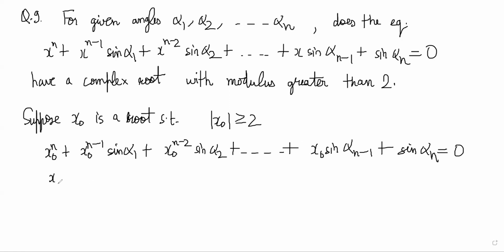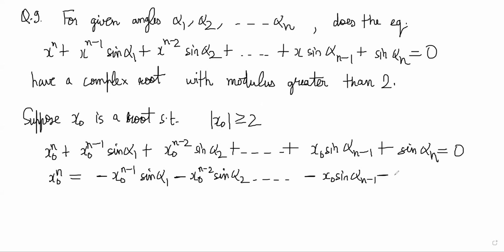And now we can say that x naught power n is equal to minus of these terms. We take all the other terms on the other side: minus x naught power n minus 1 sine alpha 1, minus x naught power n minus 2 sine alpha 2 and so on, minus x naught sine alpha n minus 1, minus sine alpha n, right?